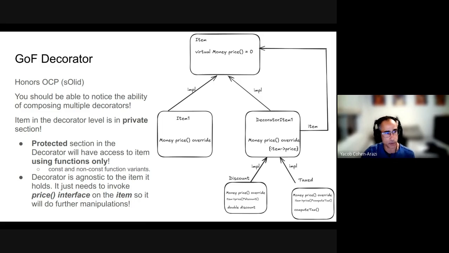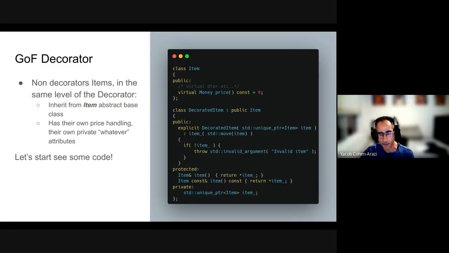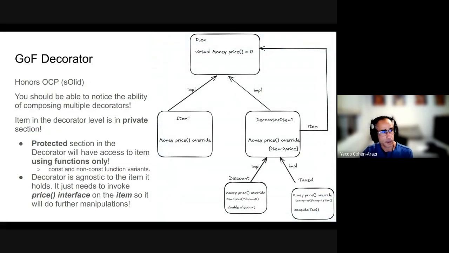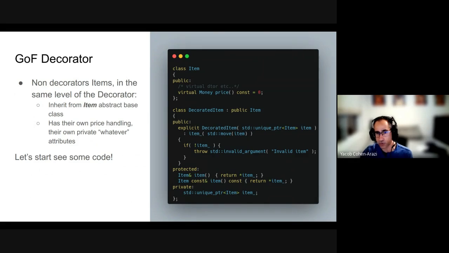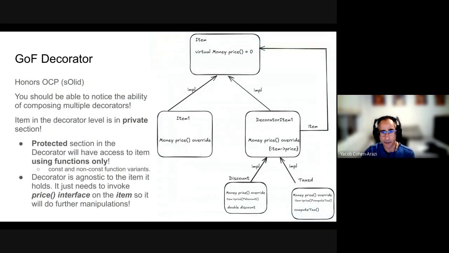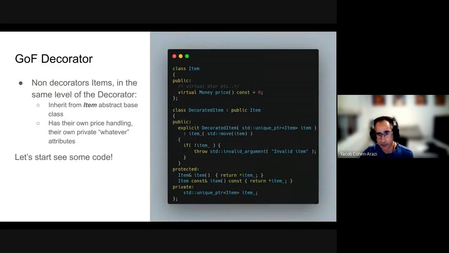Let's see some code. Okay, so we have class item, which basically matches this, and it has price as a virtual function. That's it. Now we have the middle class, the decorated item, which is this type in between the leaf and the base class.